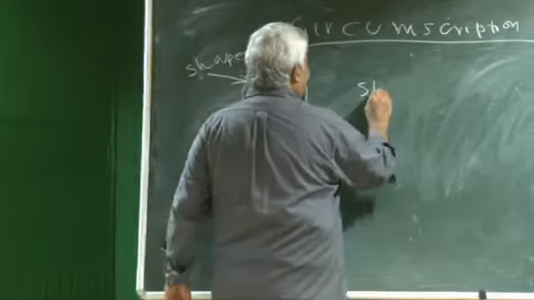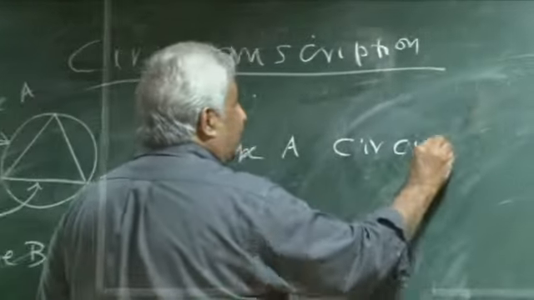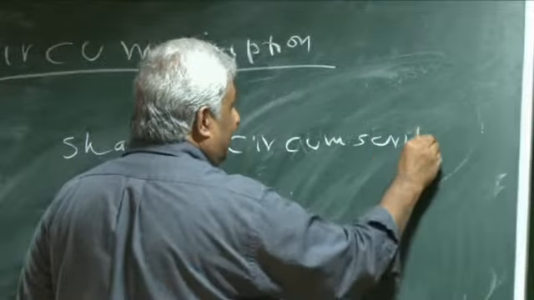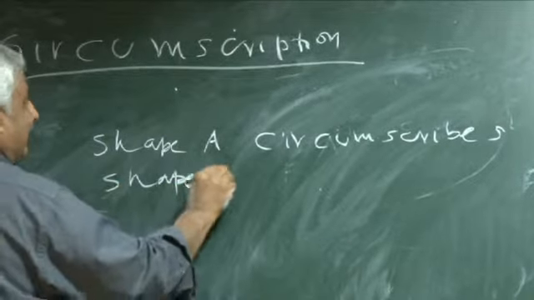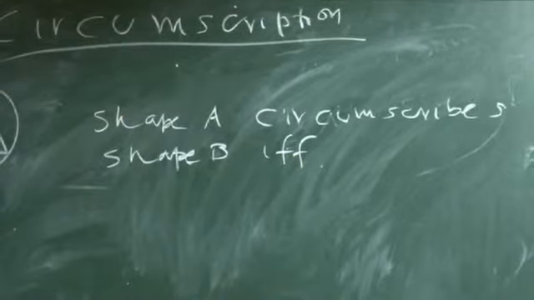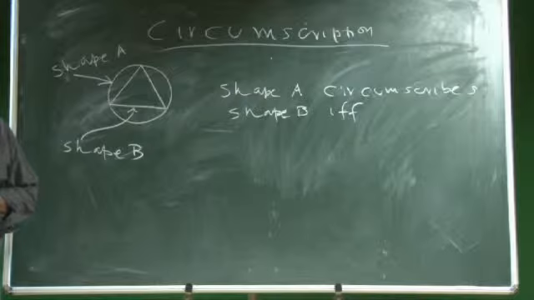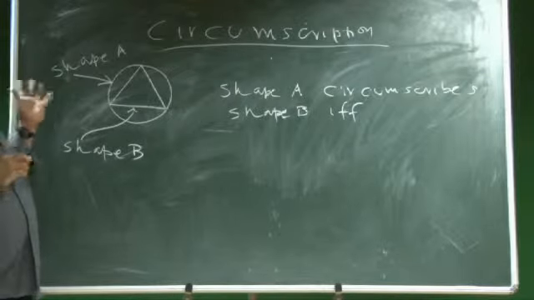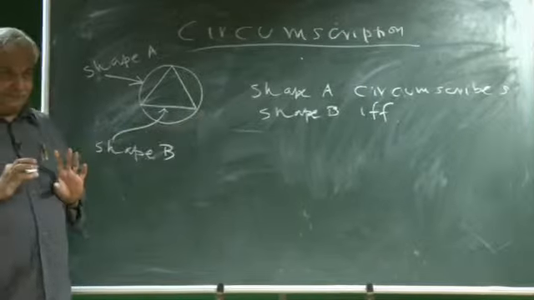I can write: shape A circumscribes shape B if and only if. Any shape A circumscribes any shape B, if and only if.